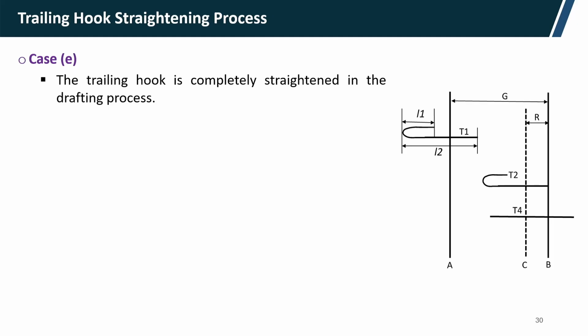Now, you can see in this case the head of the body is reached before the hook is entering this accelerating point, and the distance between the midpoint of the hook and the accelerating point is more than the distance between the nip point of the front roller and the accelerating point.